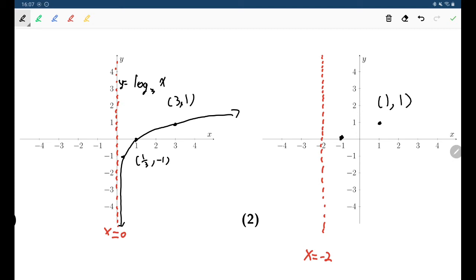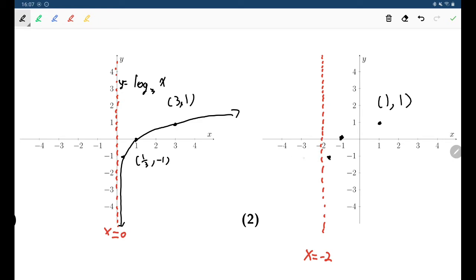And then finally, if we're taking the point 1/3, 1, and we're shifting it to the left by 2, so 1/3 minus 2, that is negative 5/3. So we have negative 5/3, comma, negative 1.